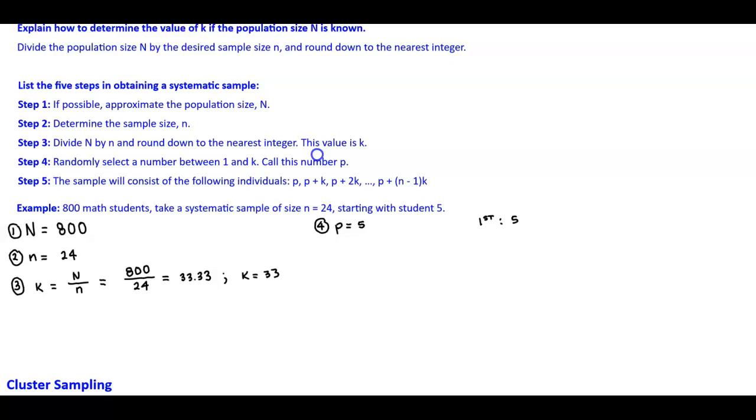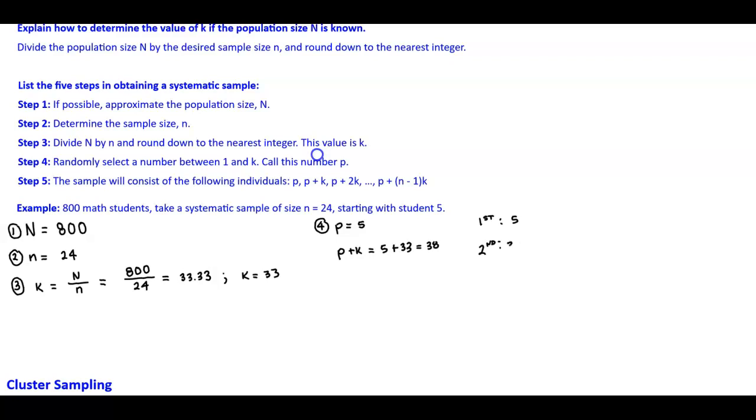Okay, and then what is the second number? Well, the second number is taking the value of p and then adding k. Well, p is 5, and then we're adding the value of k, which is 33, which gives us 38.